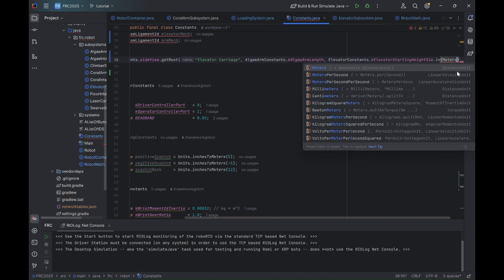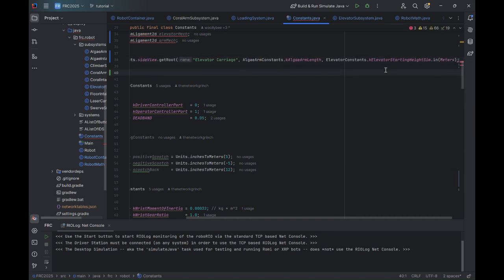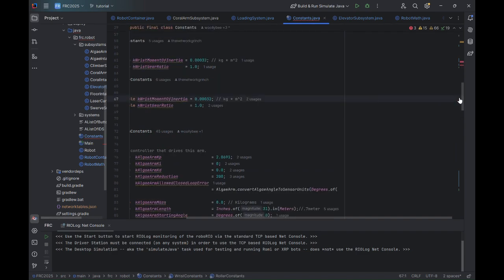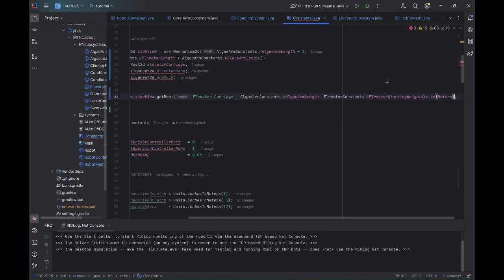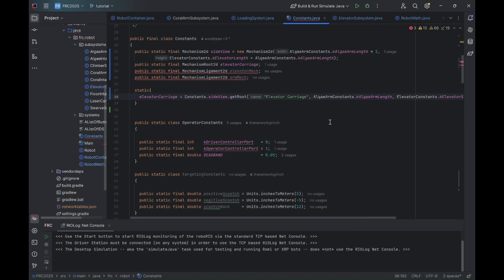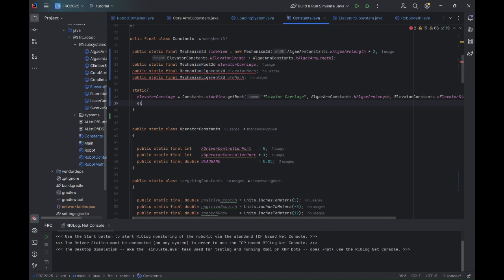So meters, my bad. Is that good? Meters. Yay, it works. Actually, yeah, that looks good. Yeah, 2 parentheses. Okay, and next is elevator.